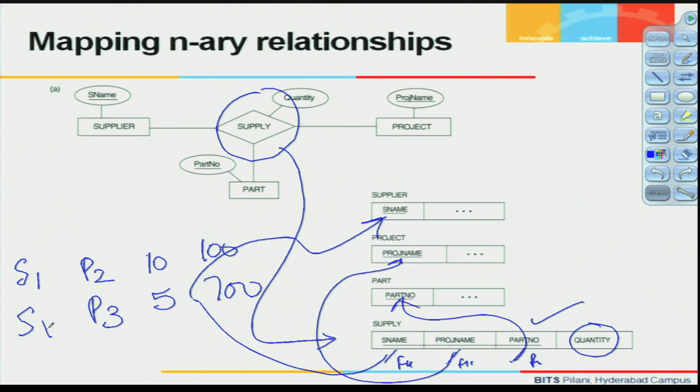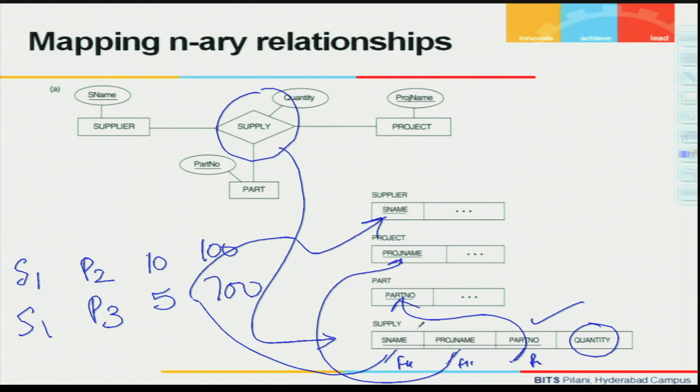So what is the primary key for this table or the relation? Supplier name cannot become the primary key because multiple rows can have the same supplier name, and project name cannot become the primary key, and part number also cannot become the primary key. So what can become the primary key? The combination of supplier name, project name and part number put together will act as the primary key for this particular relation schema or the table.